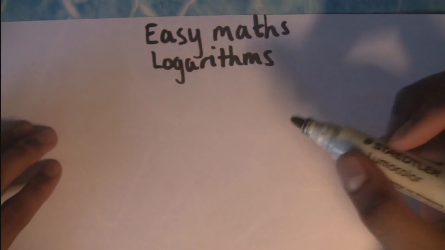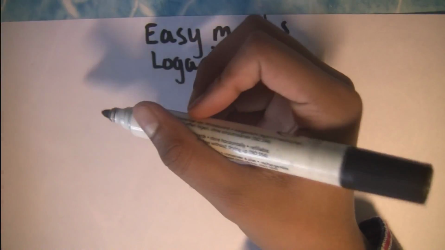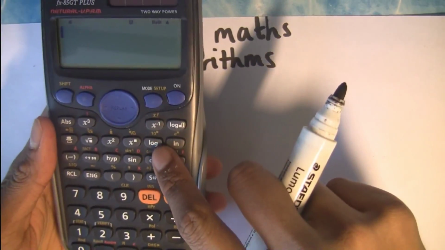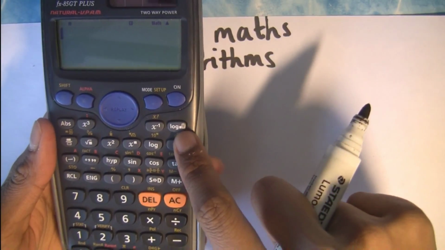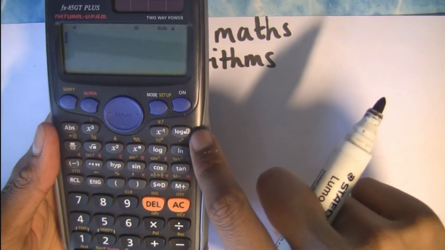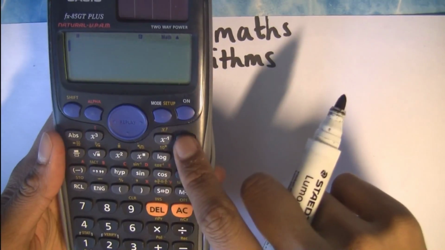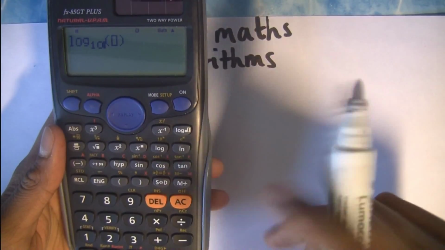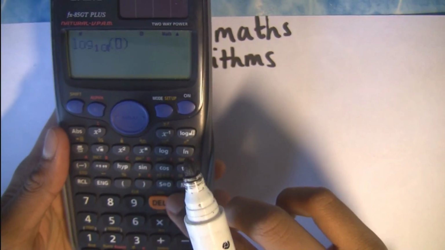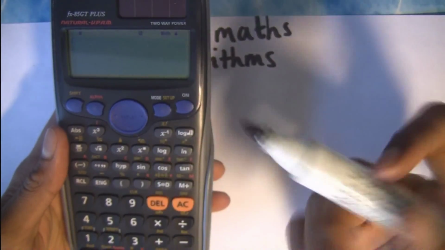So for example, on this calculator which I'm using, there's a button called log, and there's a button which has got log and a square and a rectangle. Now log is the same as this one with base 10. You'll come across base quite often in log. Base 10 just means that, well, I'll explain it to you.